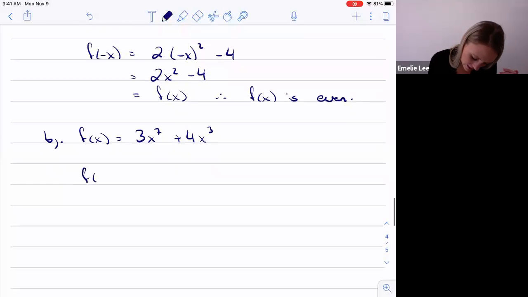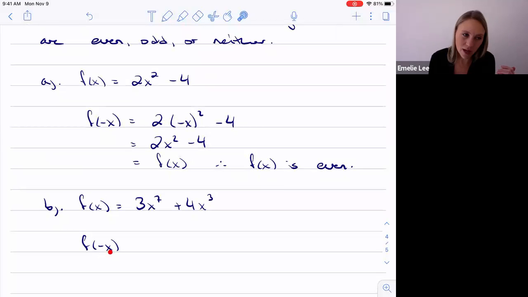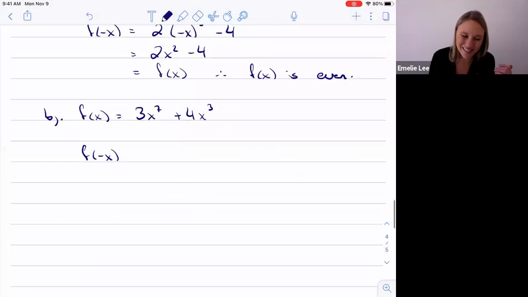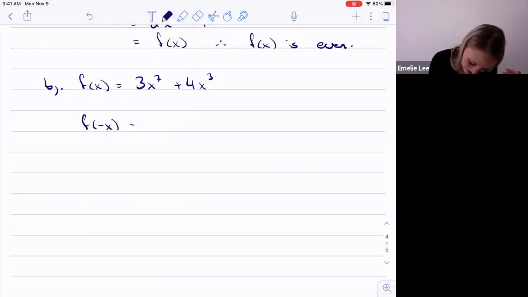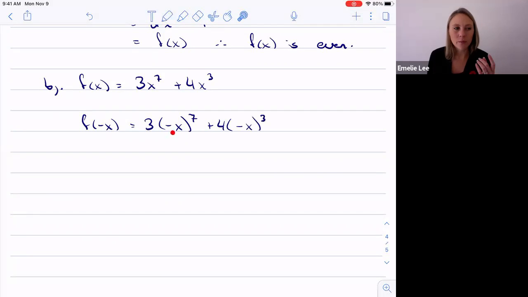So again, we start and take f of negative x, right? So replace each of these x's with negative x. So we get 3 times negative x to the 7 plus 4 times negative x to the 3. Remembering how negative behaves inside an odd power, we just get negative x.